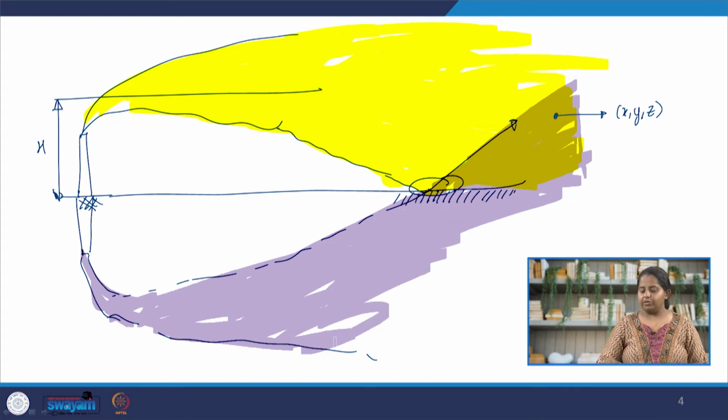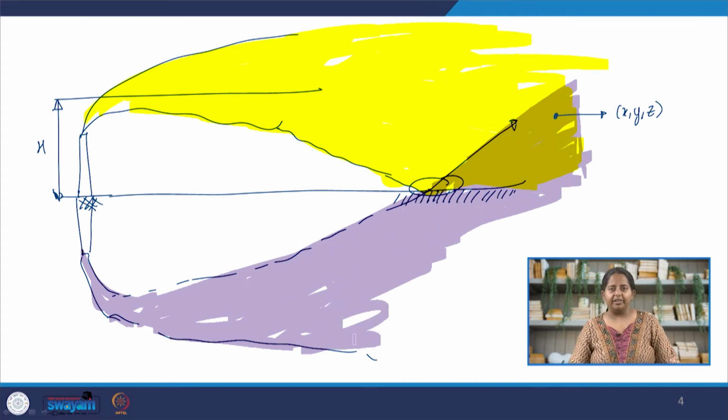And now what we are going to do is add, to find a concentration at the x, y, z location, which is a point where the reflected plume and the direct plume intersect, they meet. When we find a concentration of contaminant at x, y, z, we need to account for both of them. So let's do it.